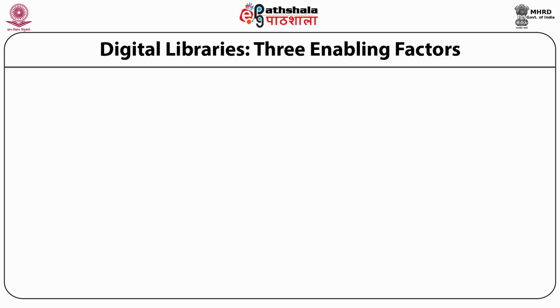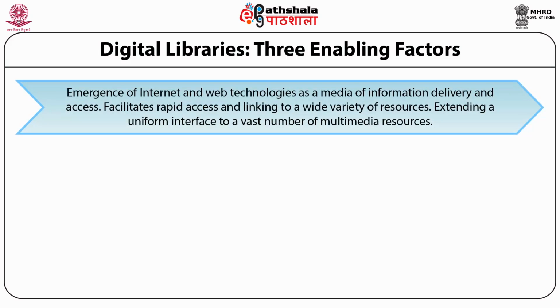Let us now deliberate on three enabling factors that led to the evolution of digital libraries. These three enabling factors are the emergence of internet and web technologies as a medium of information delivery and access that facilitate rapid access and linking to a wide variety of resources.